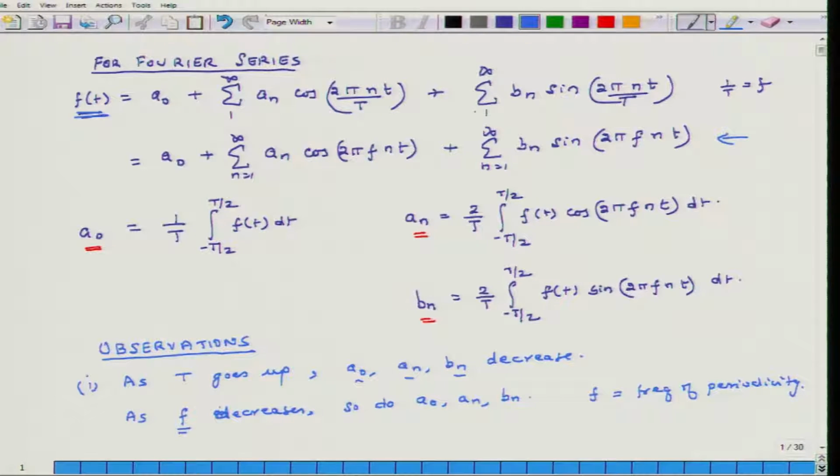I can say that this function is not periodic, or equivalently say that this function is going to repeat itself after infinite seconds. So, if I have a function which repeats itself after infinite seconds, then I will not get its transformation in the frequency domain as just dots, but it will theoretically be a continuous curve.